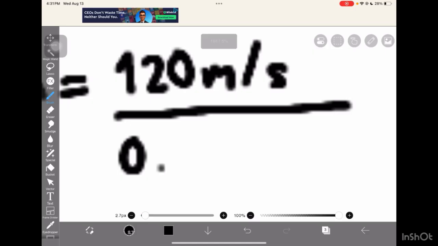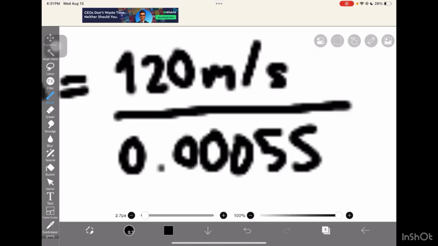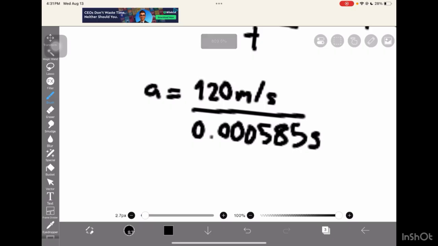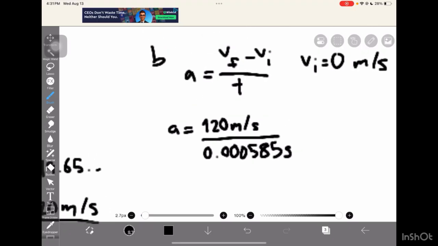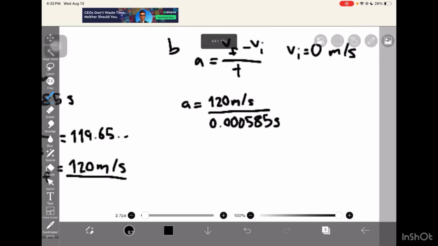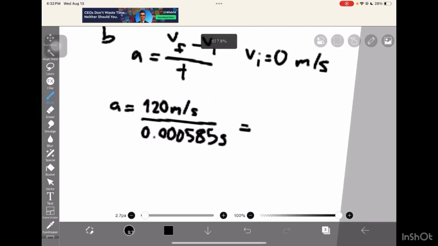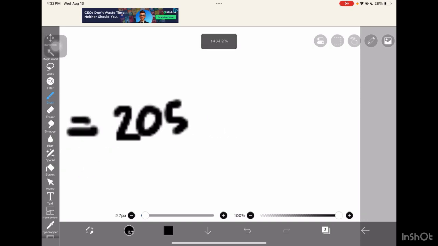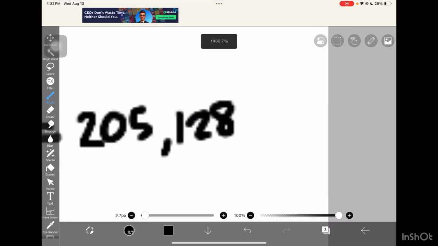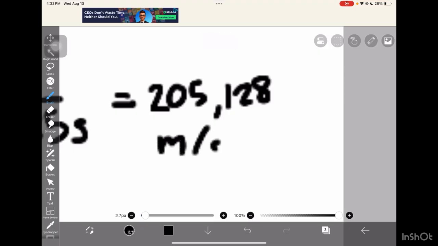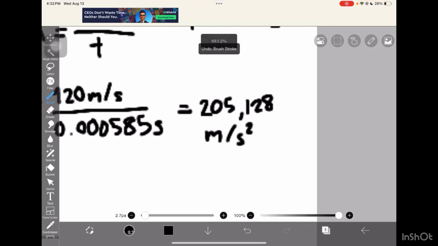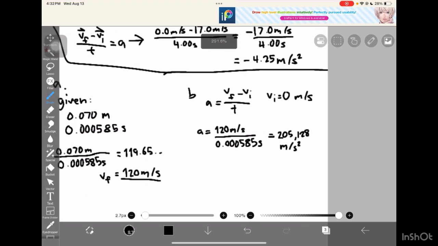T is 0.000585 seconds. So 120 divided by 0.000585 is equal to 205,128 meters per second squared, which is actually not surprising at all, because this is a bullet.